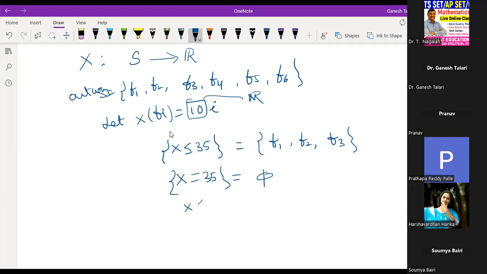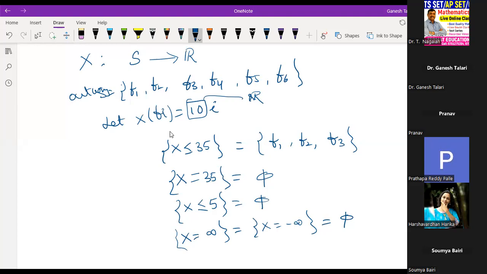Even X less than or equal to 5 rupees: I've already told you that the minimum I can give is 10 rupees, because your function is 10 times i, and the maximum is 60 rupees. So X equal to infinity and X equal to minus infinity will be null.